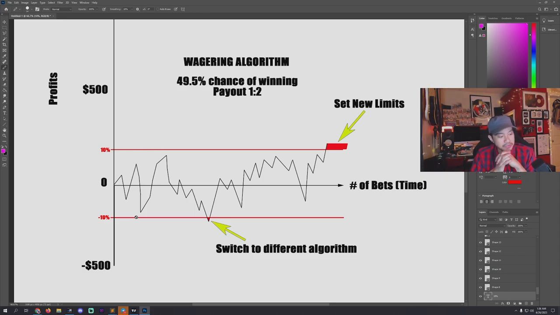The algorithm that we're going to switch to is going to have to be lower than your base bet, and it would have to be multiplied higher than what we were doing here, which is just multiplying by 1, betting 1 every time.